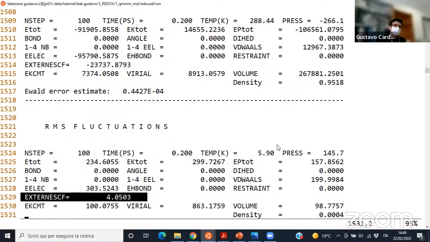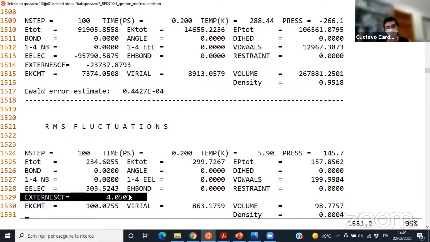Well, there isn't a magical value in a sense, because it might also depend on the system. Depending on the complexity of the system, you might have larger or smaller values.